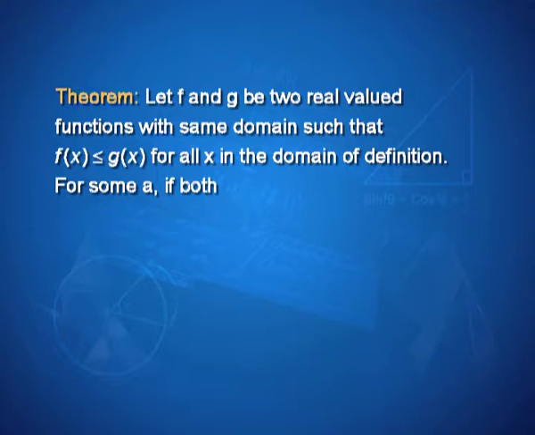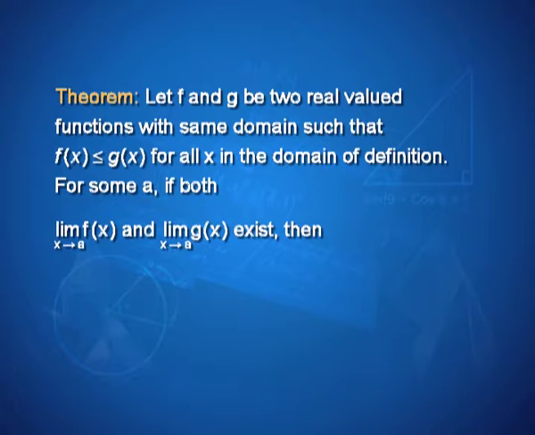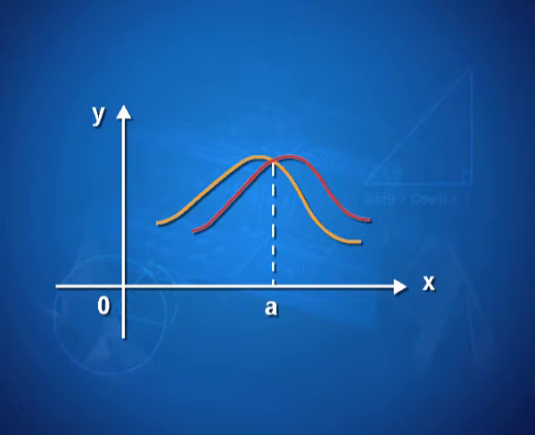For some a, if both limit f of x as x tends to a, and limit g of x as x tends to a exist, then limit of f of x as x tends to a is less than or equal to limit of g of x as x tends to a. This is illustrated in the figure, see on your monitor.